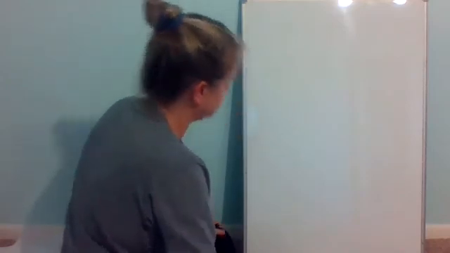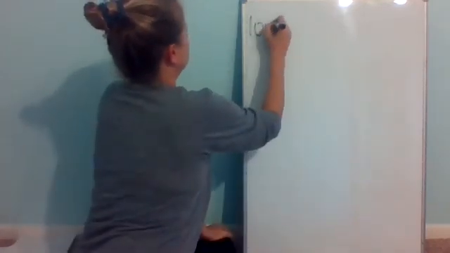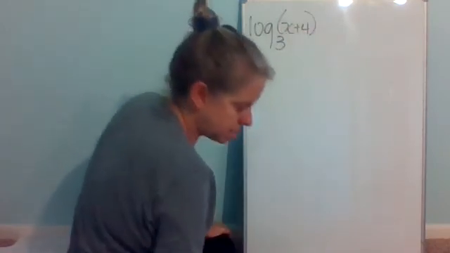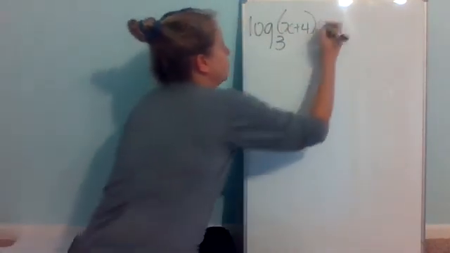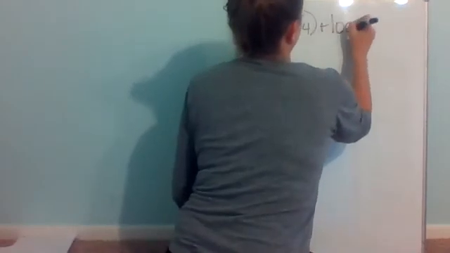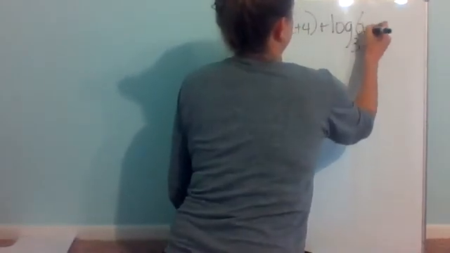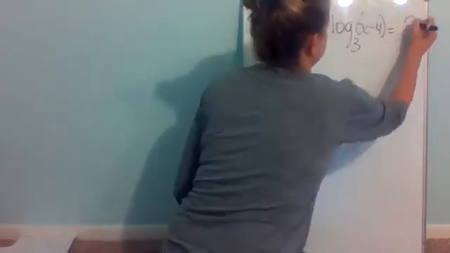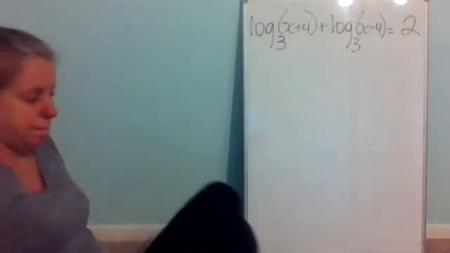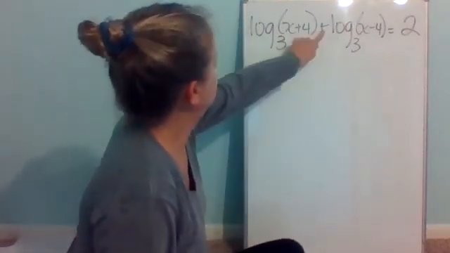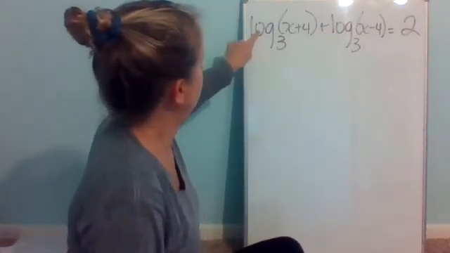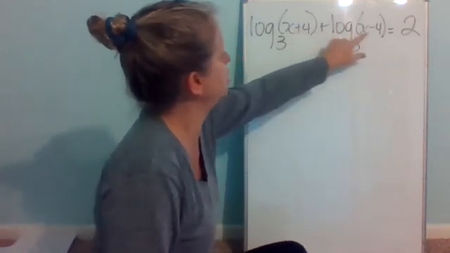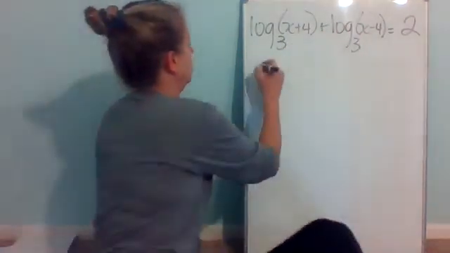Log base 3 of (x plus 4) plus log base 3 of (x minus 4) equals 2. Since they're added, rewrite this as a single log base 3 and multiply the (x plus 4) and (x minus 4).